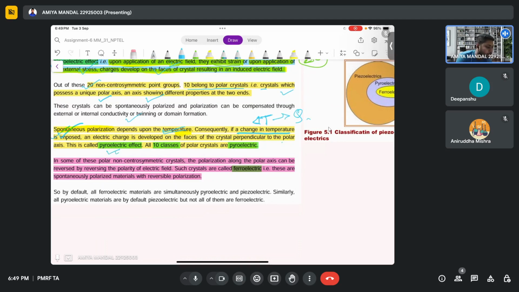This is called the pyroelectric effect. The pyroelectric effect always depends on temperature, and the change in temperature creates charges on the faces of the crystal lattice. All 10 classes of polar crystals are pyroelectric.